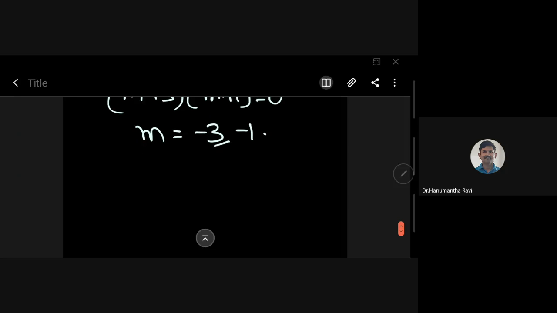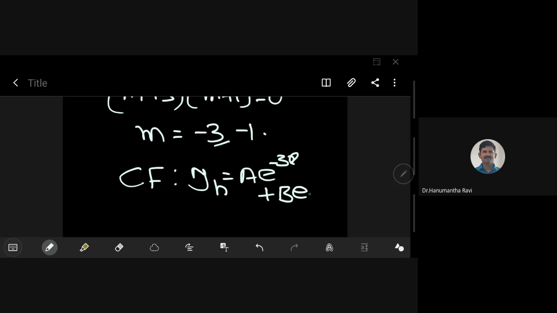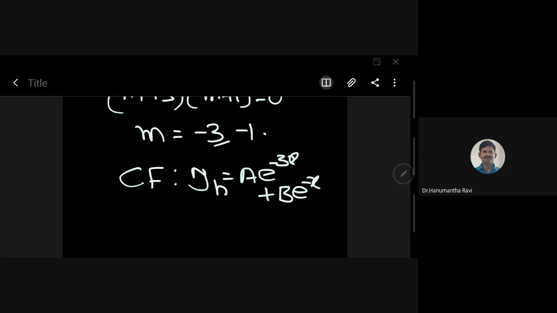So therefore, what is the complementary function here? That is yh equals a e power minus 3x plus b e power minus x. And now the particular integral.